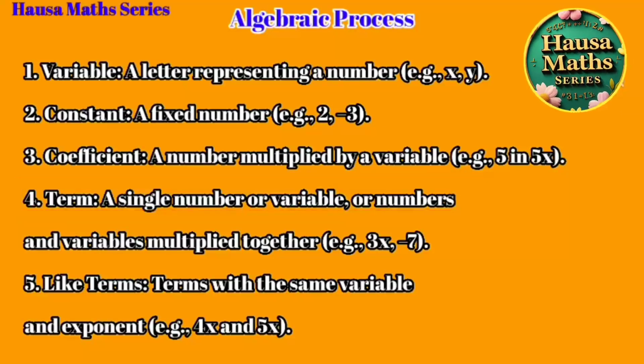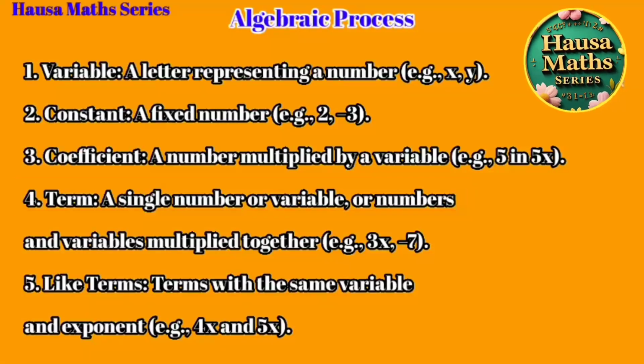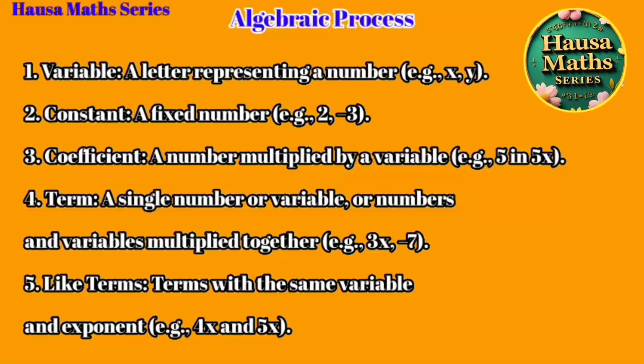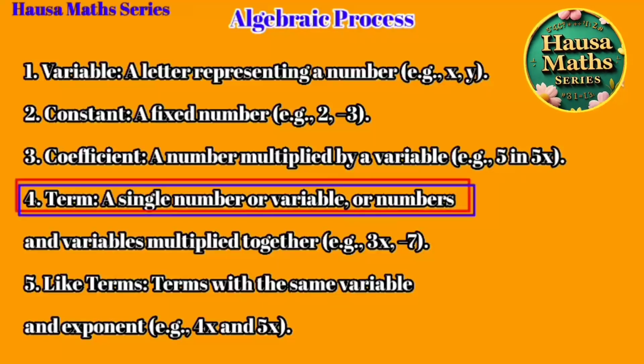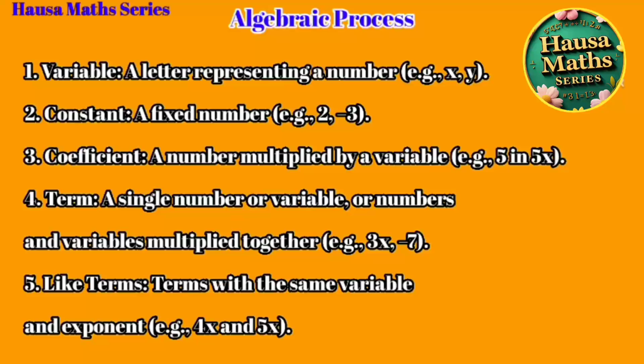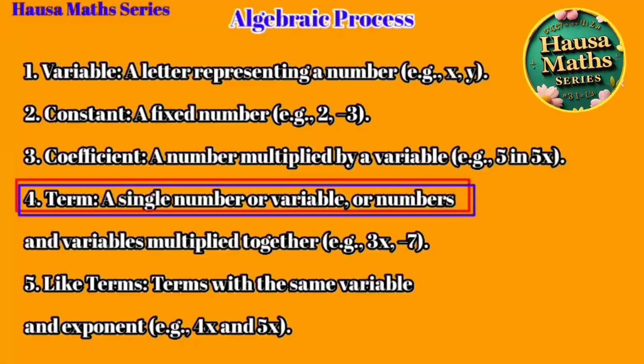Number four, a term is a single number or variable on its own. If we have 3x or minus 7, each stands on itself, like one single x, or a different number standing alone, or a variable multiplied together.